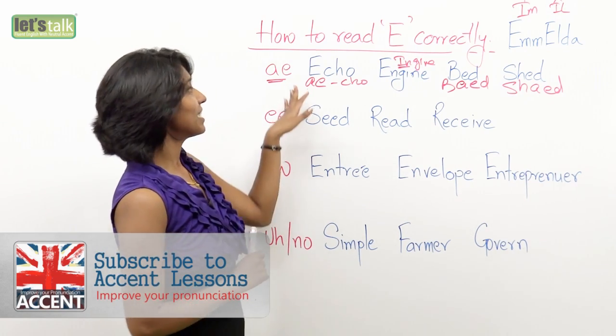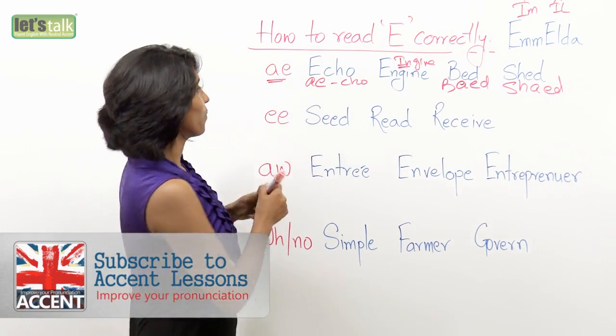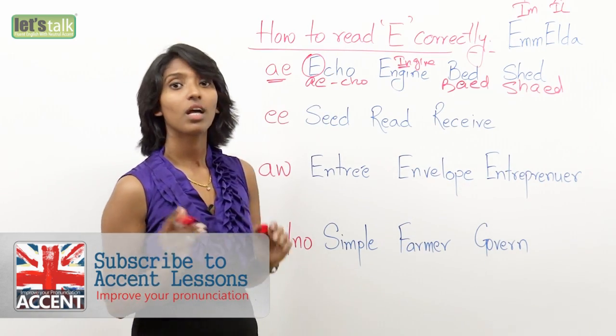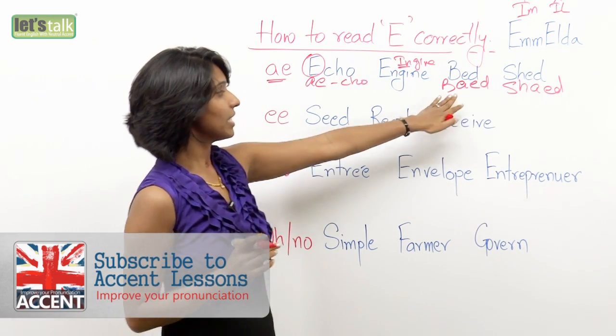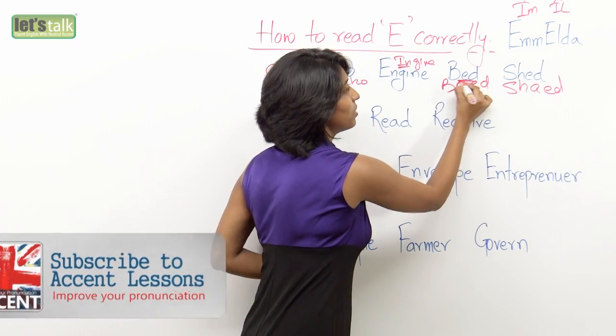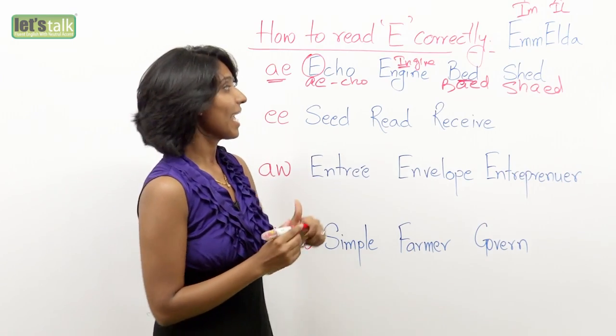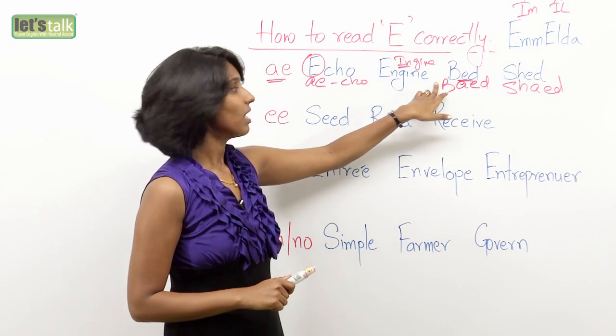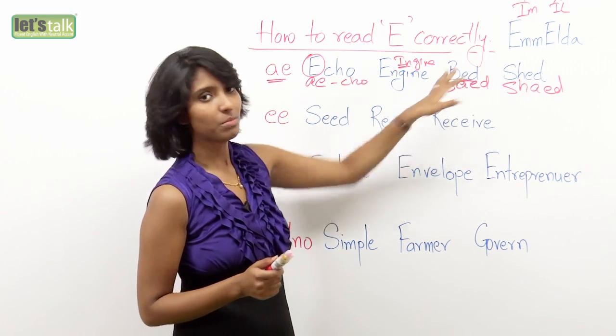Usually, if you have the letter E in the beginning of the word, it will take the short E sound. However, if you have E right in the middle of the word, it will take the short E sound, provided it is the only vowel and it comes right in between.